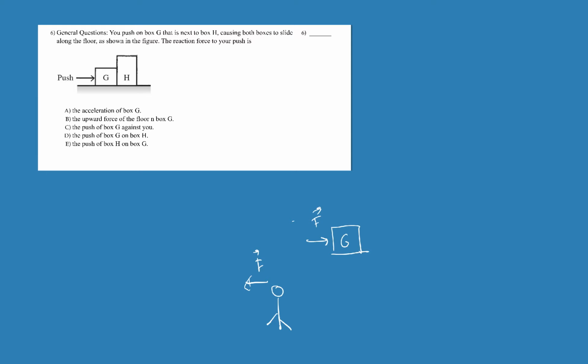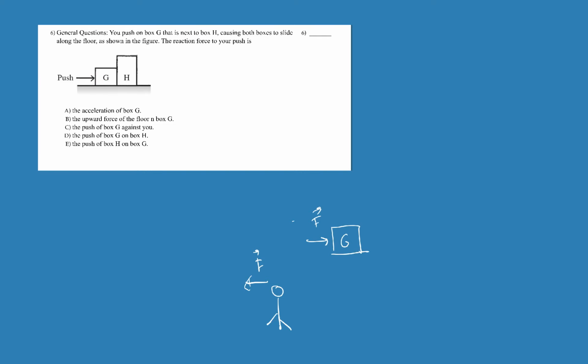It says that you push a box G that is next to the box H, causing both boxes to slide along the floor as shown in the figure. The reaction force to your push. This is the force that you do on G, so the reaction is the force that G does on you.